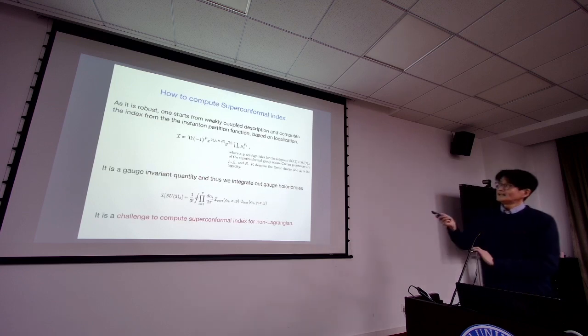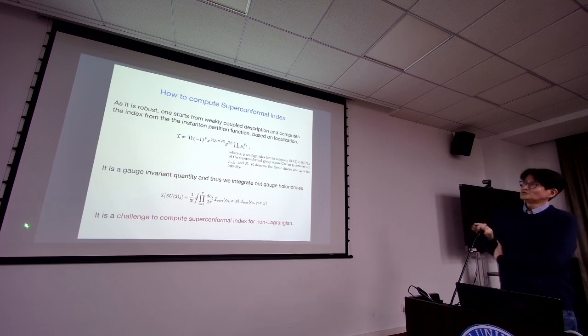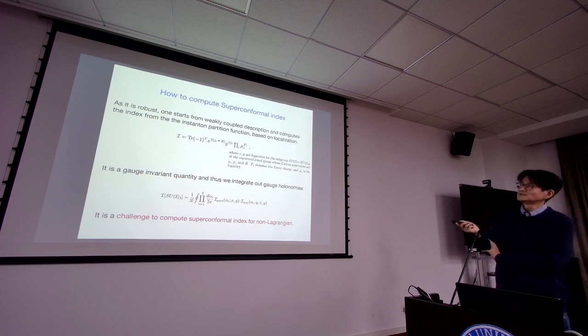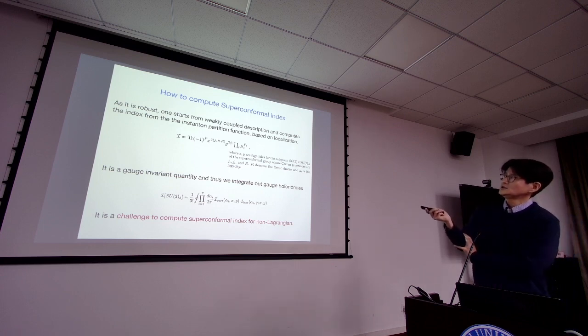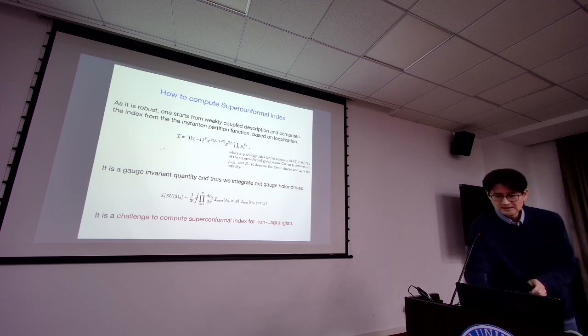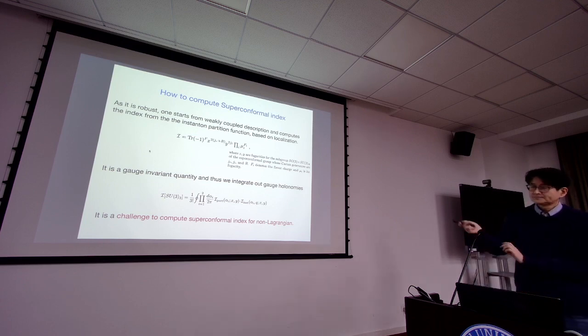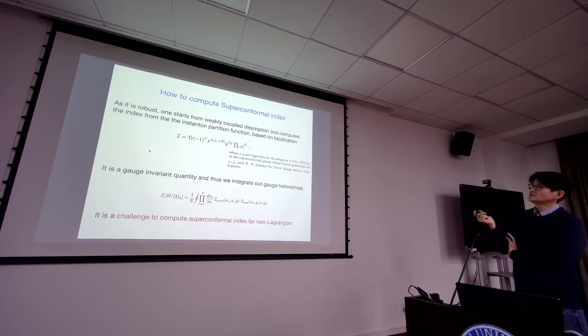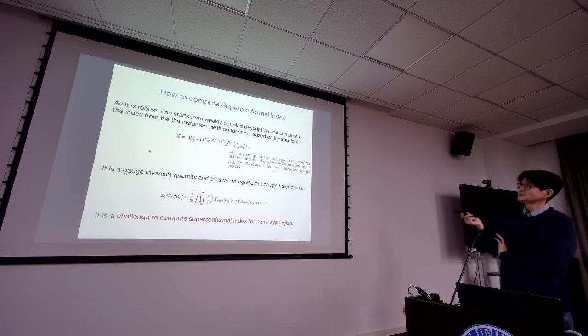When we usually compute the superconformal index, we use the idea that it is robust. Therefore, we start with some weakly coupled description and compute this index from the instanton partition function based on localization. It's a twisted partition function, with fugacities coming from the global symmetries SO(5) and SU(2)_R.